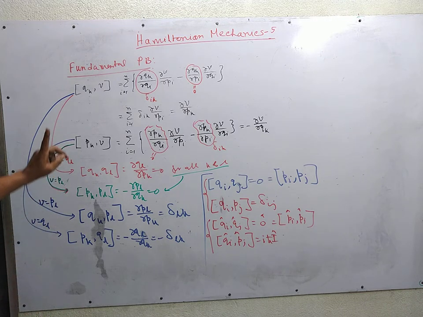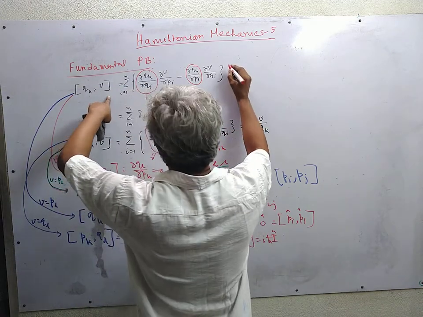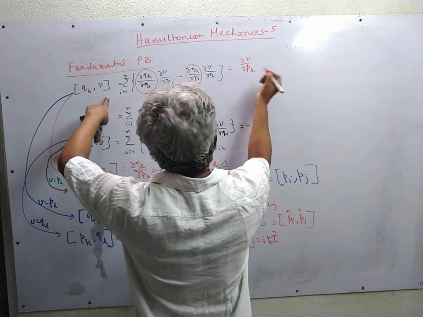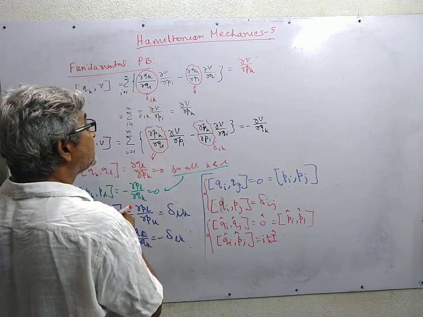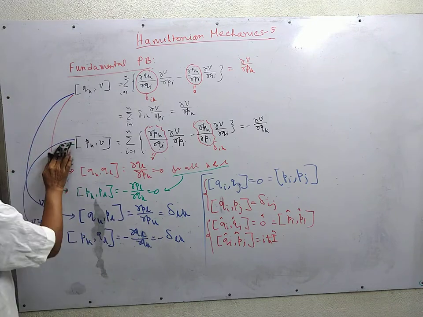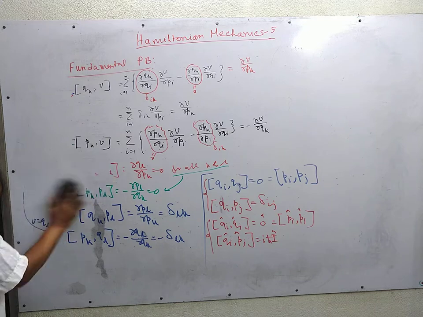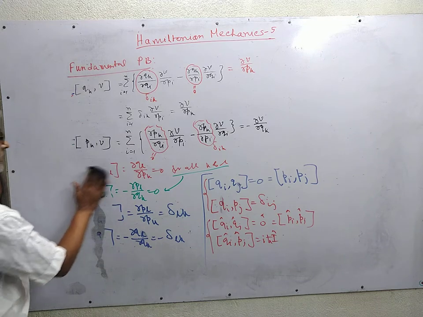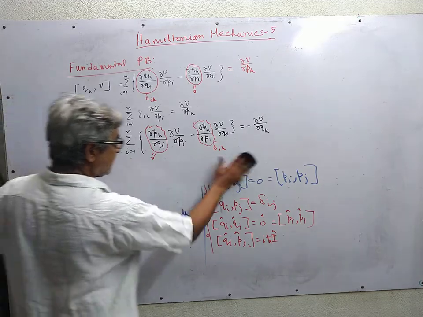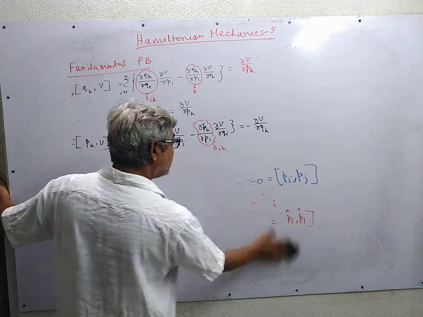If we consider these two relations, we recall that this is ∂v/∂pk, and this is ∂v/∂qk. We now write for v, H, the Hamiltonian of the system. If we set v equal to H, then you see what we get.